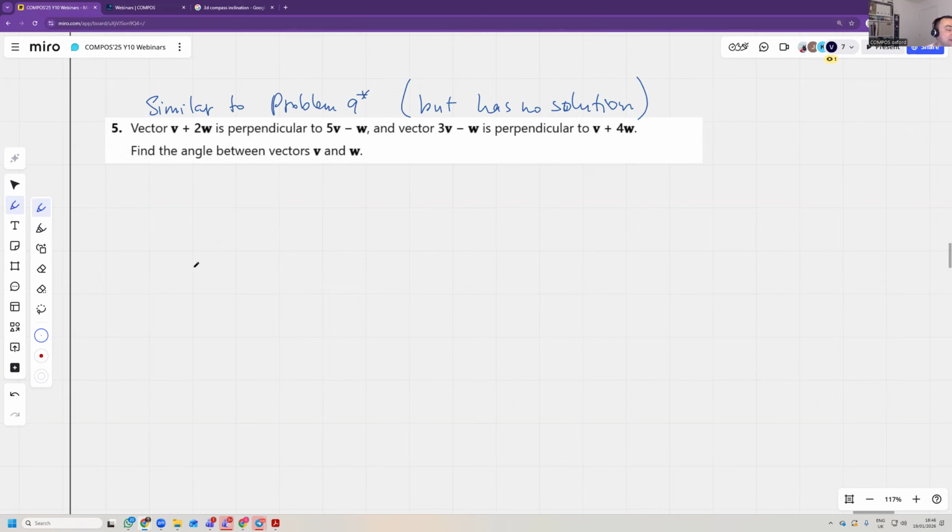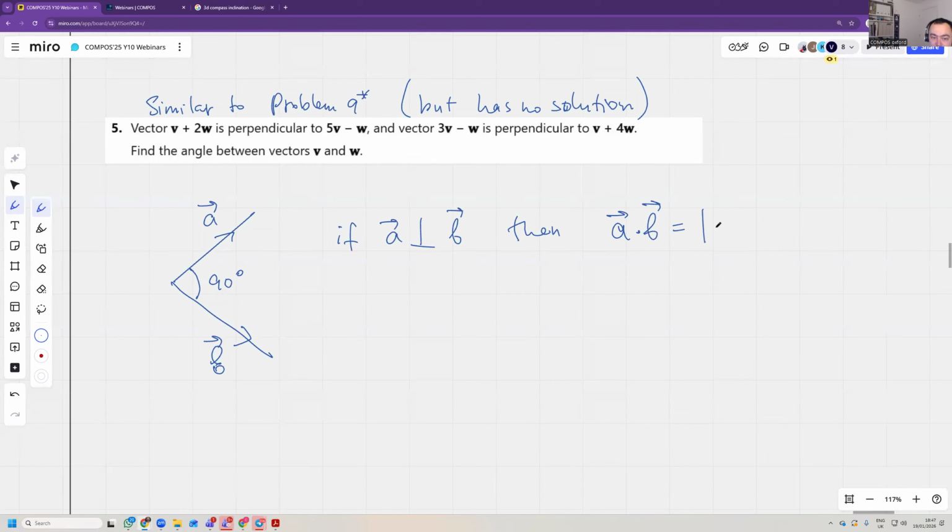So if two vectors are perpendicular, if vector A is perpendicular to vector B, so this is 90 degrees, then the dot product is modulus A modulus B cosine 90 degrees.